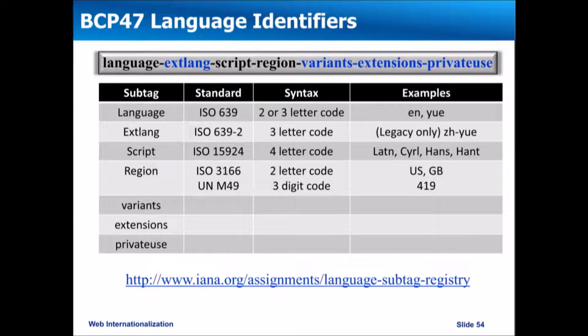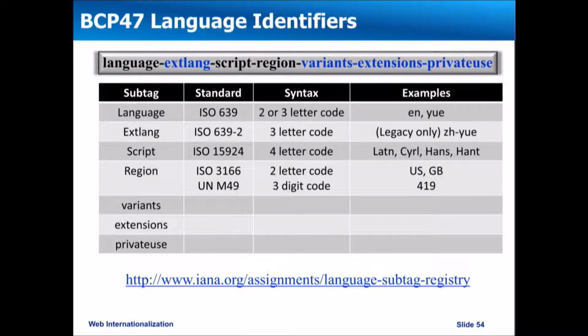Sometimes you want to have a script tag because some languages can be written in more than one writing system. So Azerbaijani is written in Arabic, Cyrillic, and Latin characters, and that makes a difference because not everyone who speaks that language can read all 3 of those scripts. And then you have 2-letter region codes and these 3-digit codes from the UN standard.